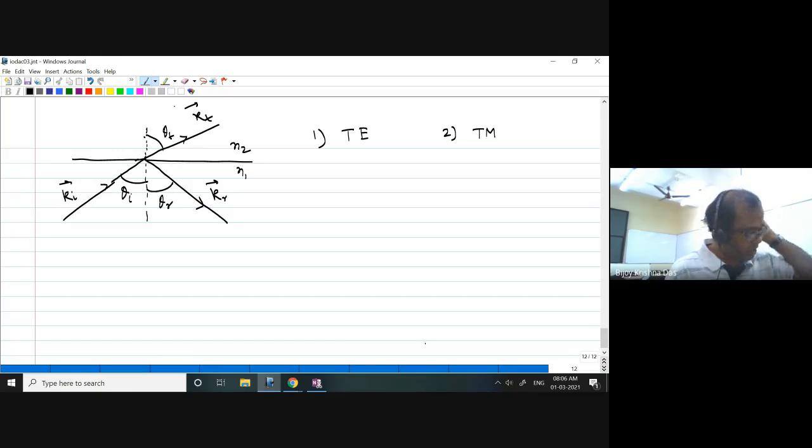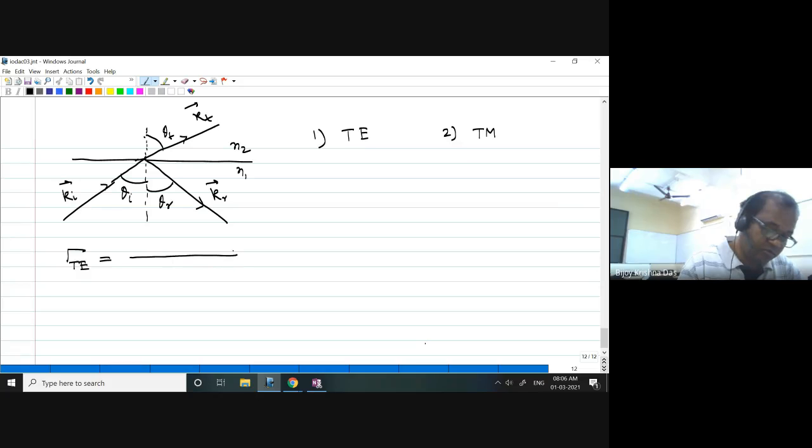So these are the cases, and then we have the reflection coefficient. I will be talking only about the reflection coefficient. We will not concentrate much on the transmission coefficient at this point, because it is obvious from the equation. So we have gamma TE. That means if it is TE polarization, the electric field is oscillating perpendicular to this screen.